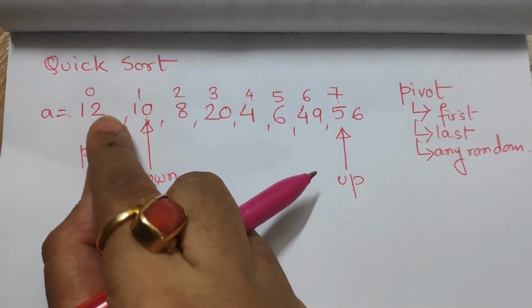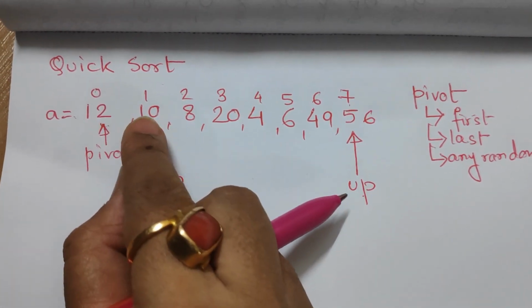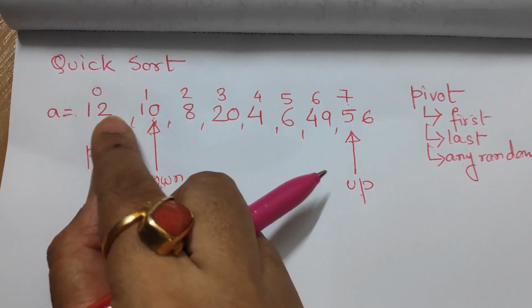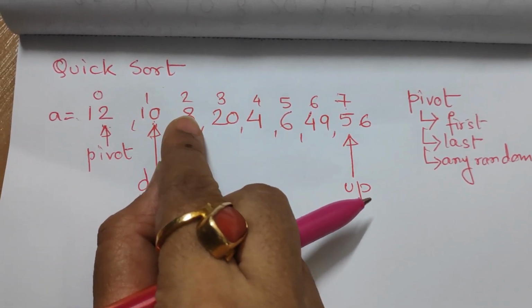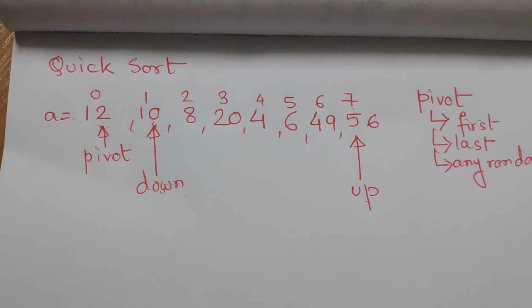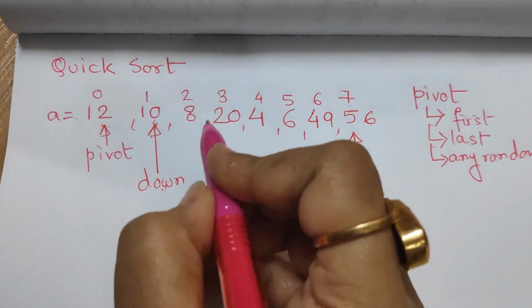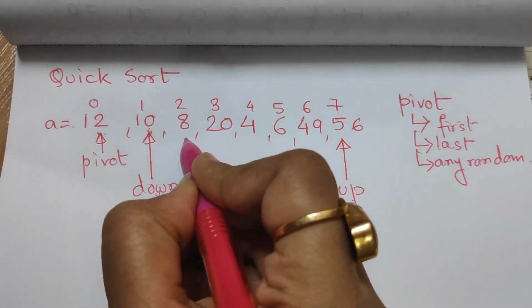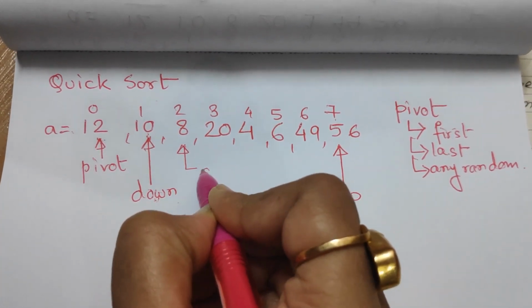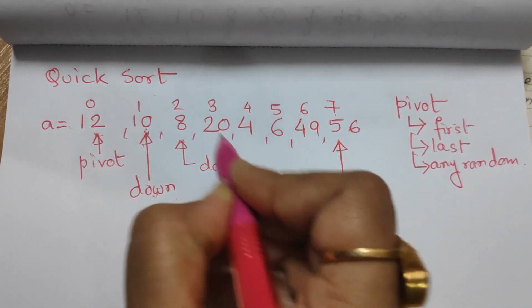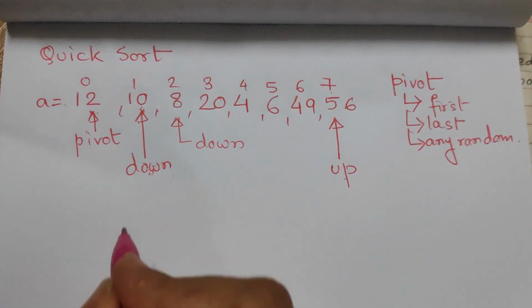So you see, 10 is lesser than 12. Since 10 is lesser than 12, we will move ahead in the array. That means we will make the index 2 our down.